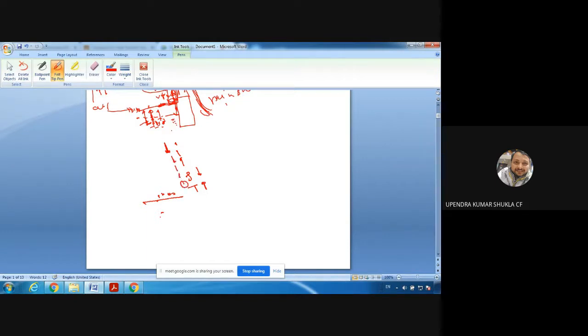Once it reaches right here, it will pick up the temperature again and rise up. So in this way you understand that heat is being transferred from bottom to top, due to density difference in natural convection. You must understand that in natural convection, the density difference is a very important parameter.